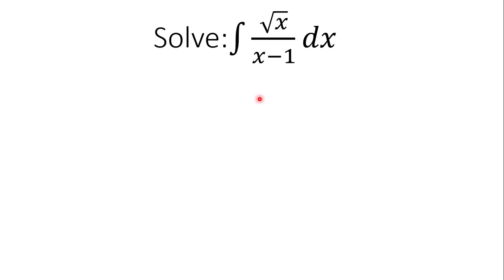Well, guys, in this video I'm going to show you how u substitution can be used to solve this problem. Like I said, trig sub may work, but to do that you cannot easily just say this is equal to this. You have to do one or two things before trig substitution can work out for you.